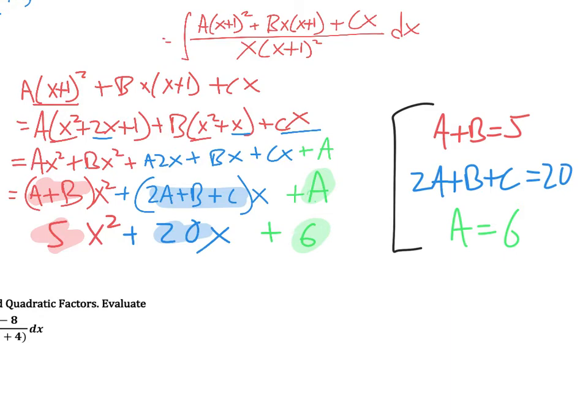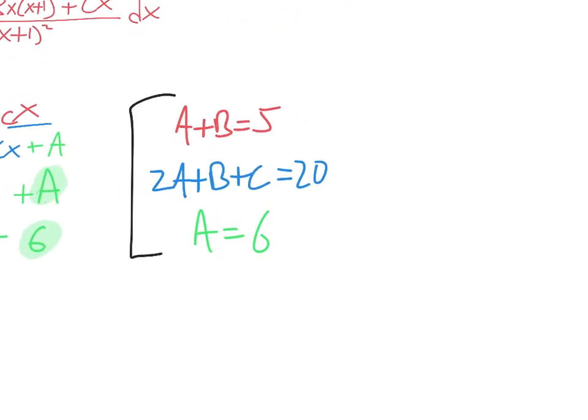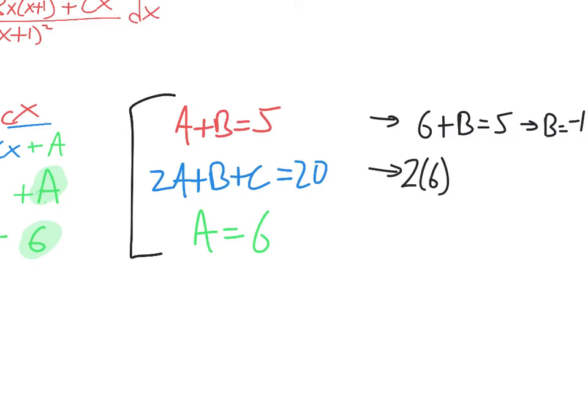We know that a is 6. Since a is 6, then b, we've got 6 plus b equals 5. So obviously b is -1. Little substitution here. We have 2 times 6 plus -1 plus c equals 20.